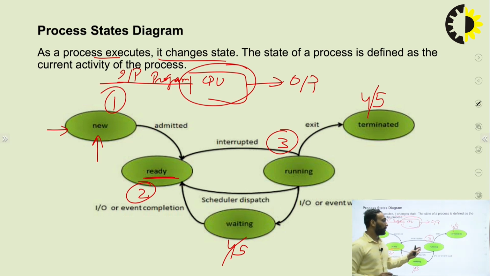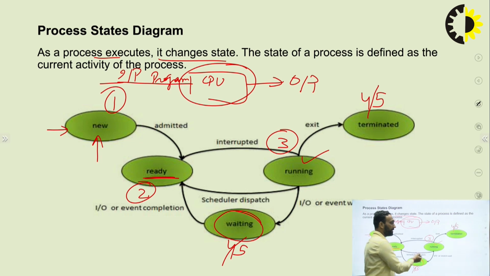When a process is actually executed, it is known as the running state. And if a process is not run because of non-availability of the required resources to execute it, it will go to the waiting state.